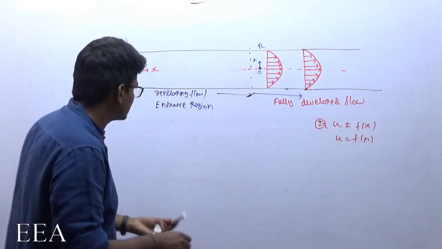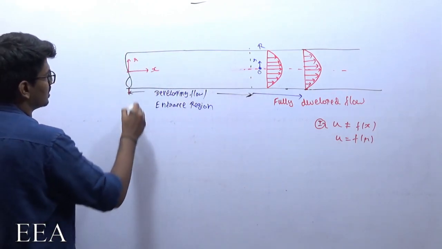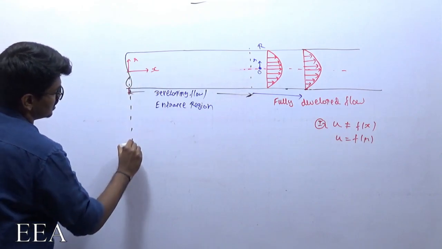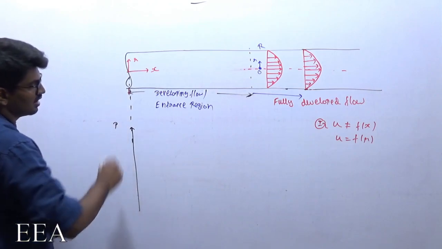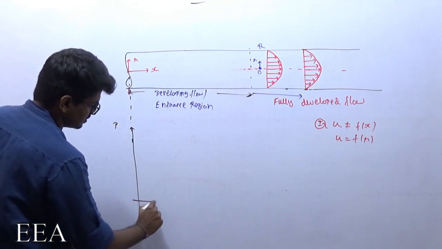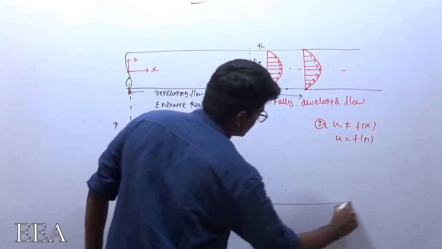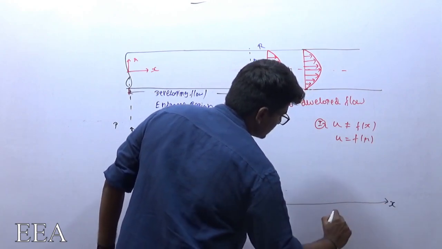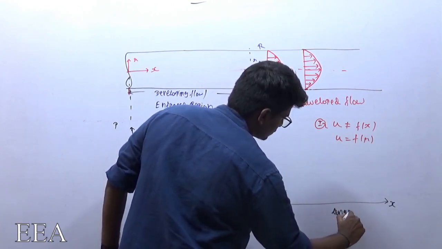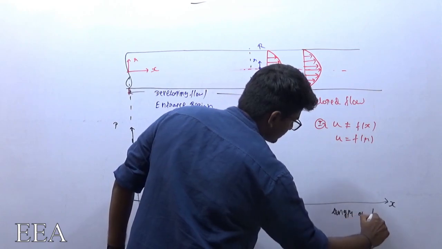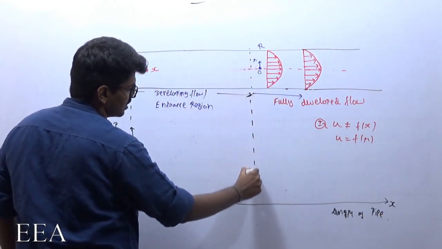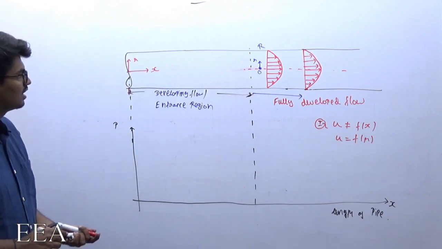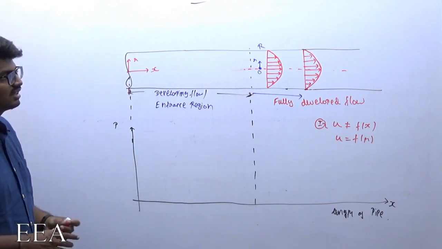Next condition. Let me elaborate it properly. Let me represent pressure on the y-axis, and x on the x-axis is the length of the pipe. This is the place where we differentiate the entrance region and fully developed flow.